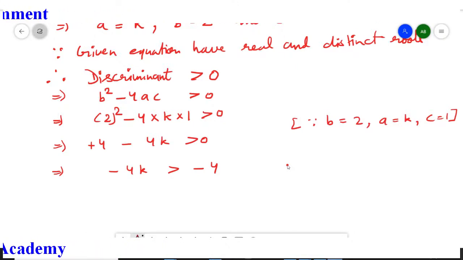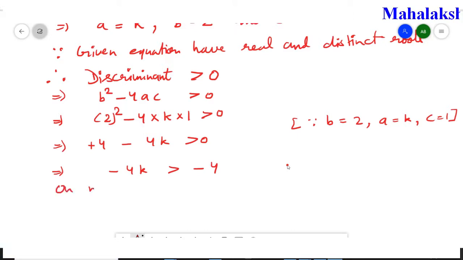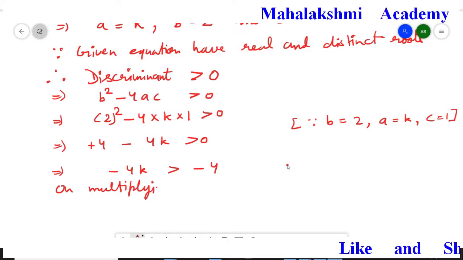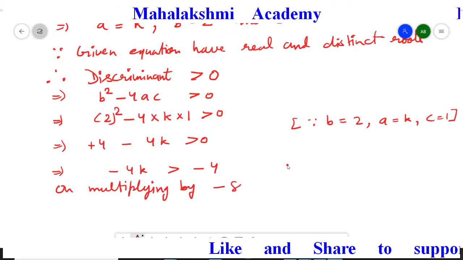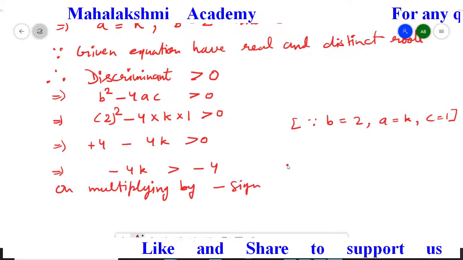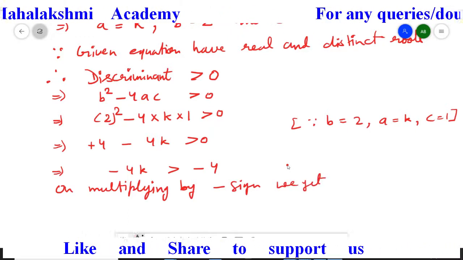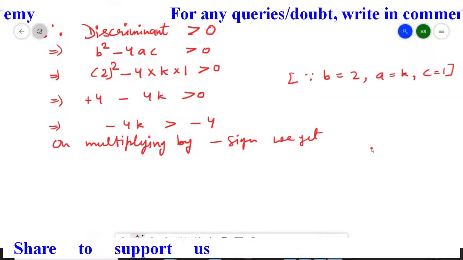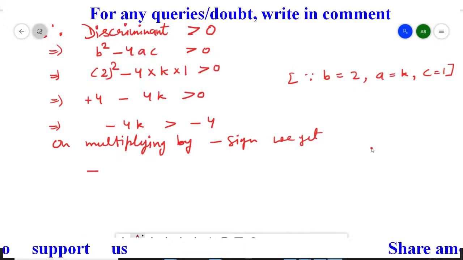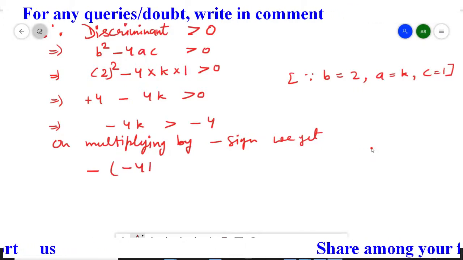So in an inequation, to remove the minus symbol, you write down: on multiplying by minus sign we get minus multiplied by minus 4k.